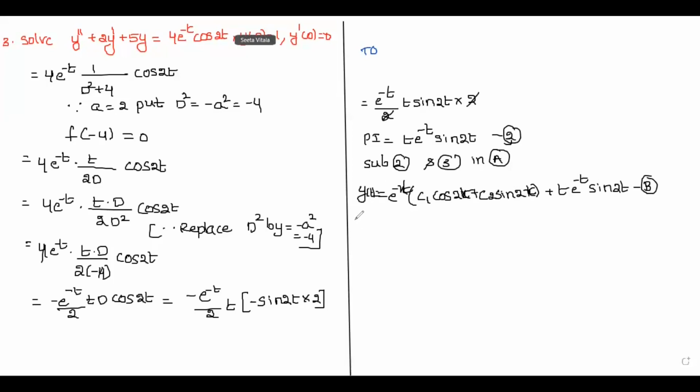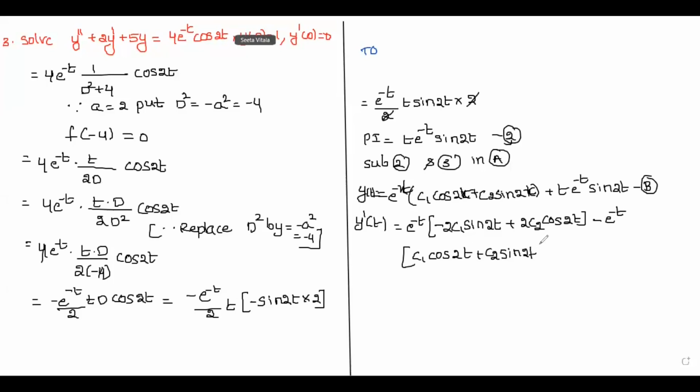So to find y dash of t, differentiate this with respect to t. So this will be equal to e power minus t into u into derivative of v, which is nothing but minus 2c1 sin 2t plus 2c2 cos 2t. So u into derivative of v, plus minus e power minus t into c1 cos 2t plus c2 sin 2t, plus here it is uvw.